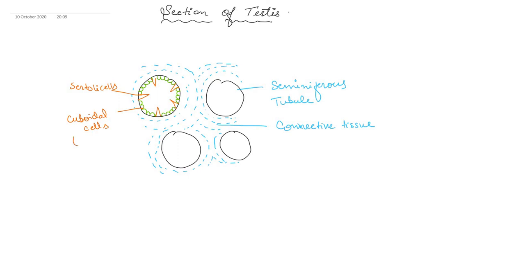Cuboidal cells are known as germ cells. These germ cells produce sperm.